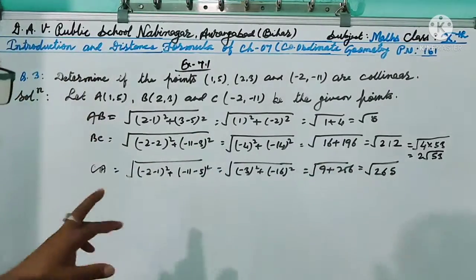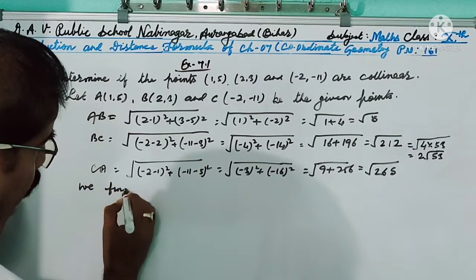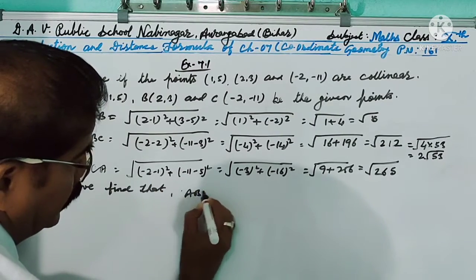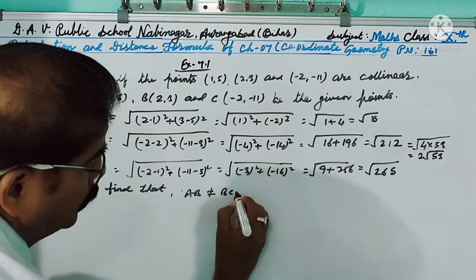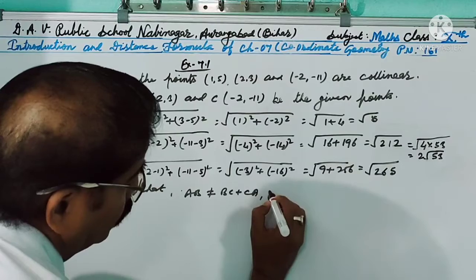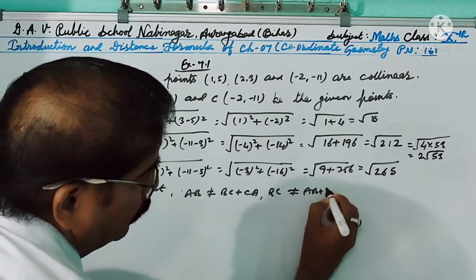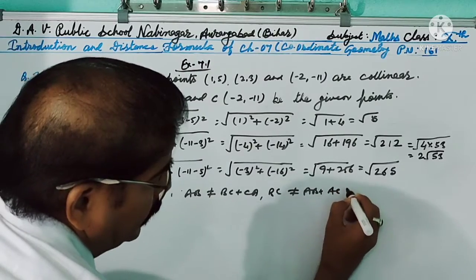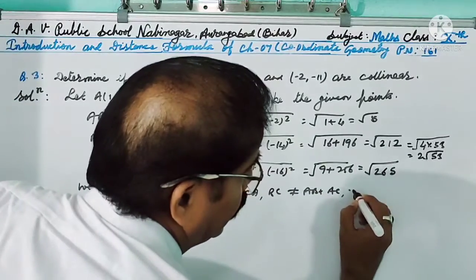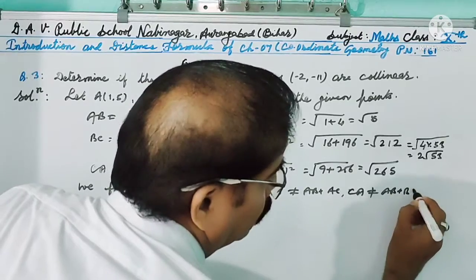So dear students, here we observe that AB is not equal to BC plus CA, BC is not equal to AB plus AC, and CA is not equal to AB plus BC.